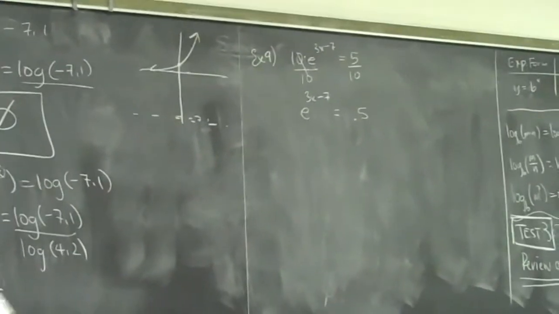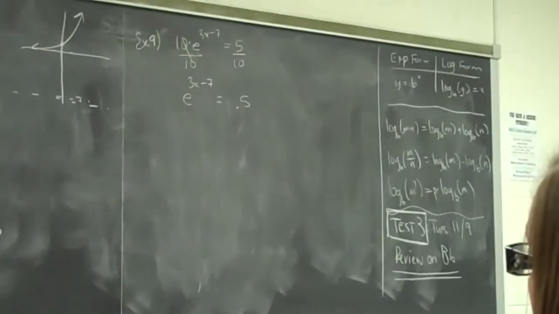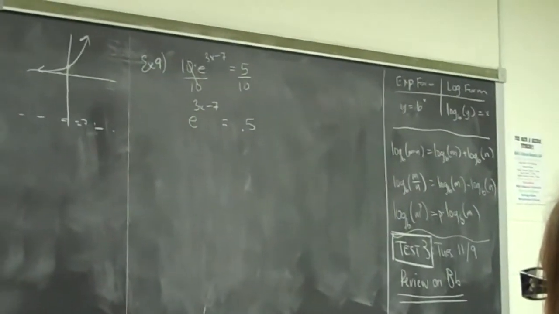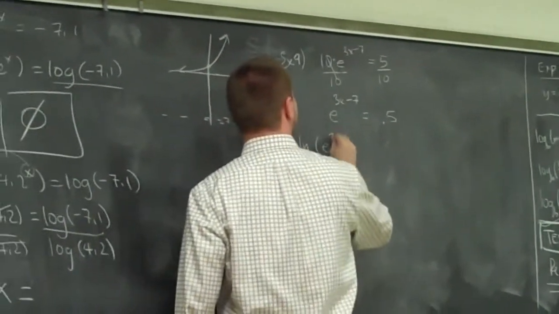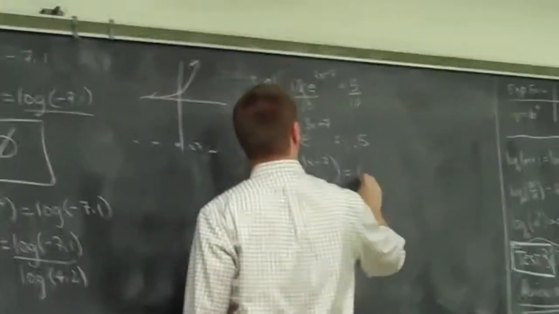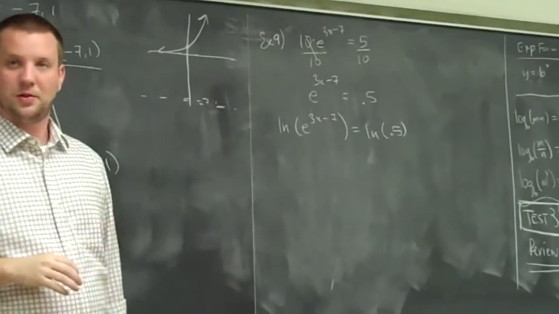Base sort of isolated. Now we're going to take the log of both sides, and I'm going to require, in this case, that we use natural log. It's base e. And what's so nice about using the natural log with a base e? I don't even have to do my exponent trick.